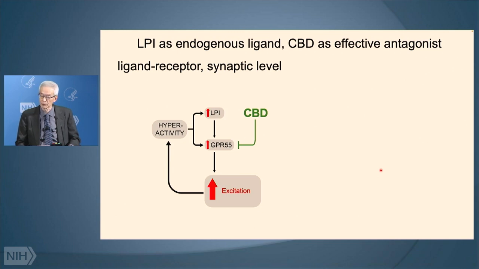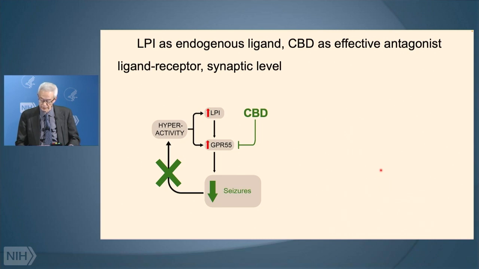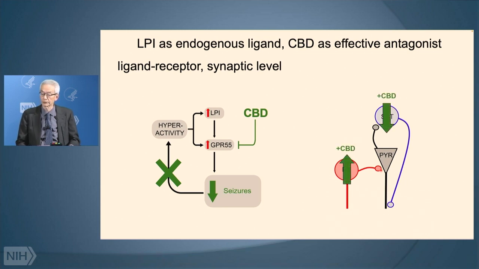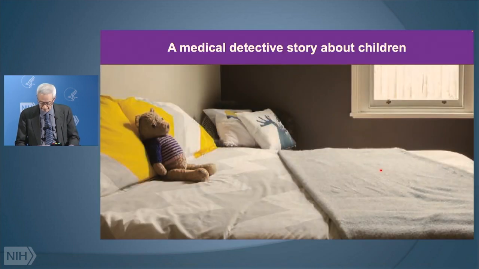This is at the receptor synapse level, and at the circuit level, the number of spikes that can get through is enhanced by a great enhancement of feed-forward inhibition, a concomitant reduction in feedback inhibition, and together this decreases the net EPSP and decreases spike throughput. So both at the synaptic level and at the circuit level, neuronal firing level, CBD is a very effective agent in modifying impulse traffic and information flow through the brain.